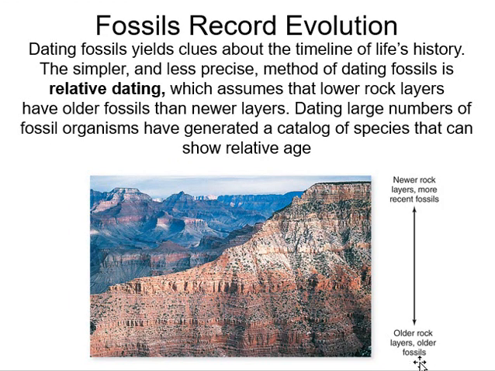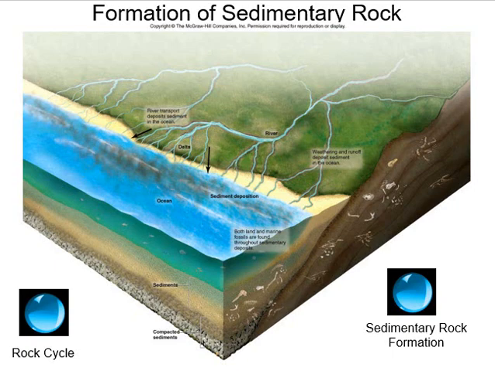Fossils record evolution. That's what these are, sedimentary layers that are laid down over millions of years. And how sedimentation works in fossils, here at shorelines, things are buried by silt, and so they don't decompose rapidly enough, and they turn into fossils.